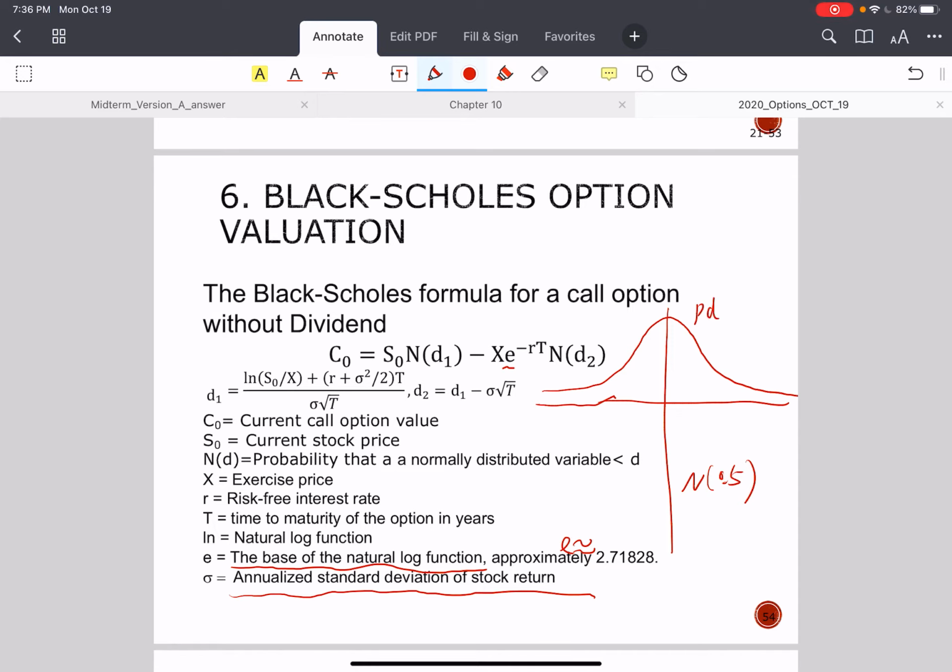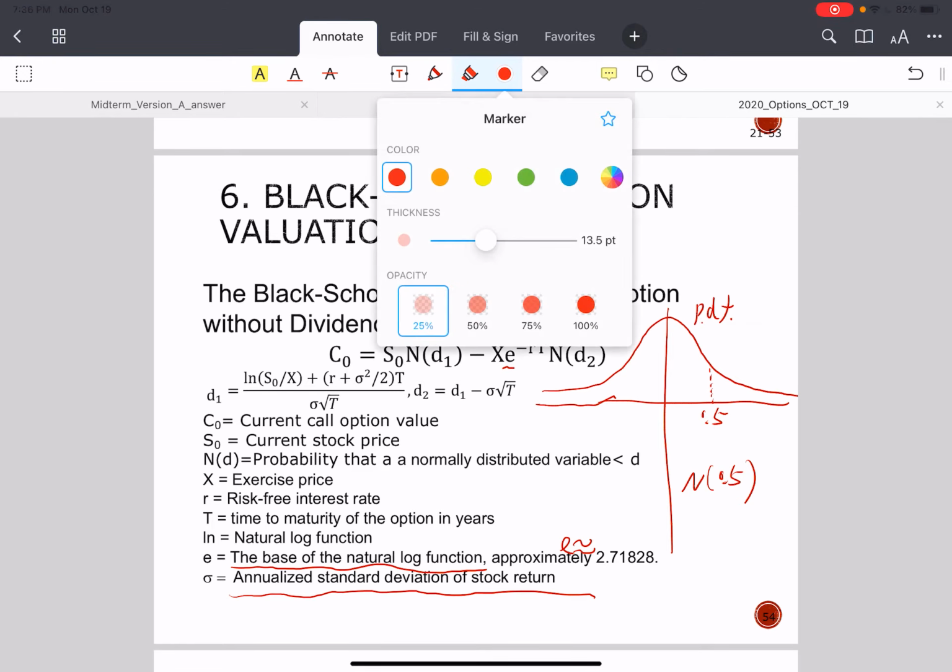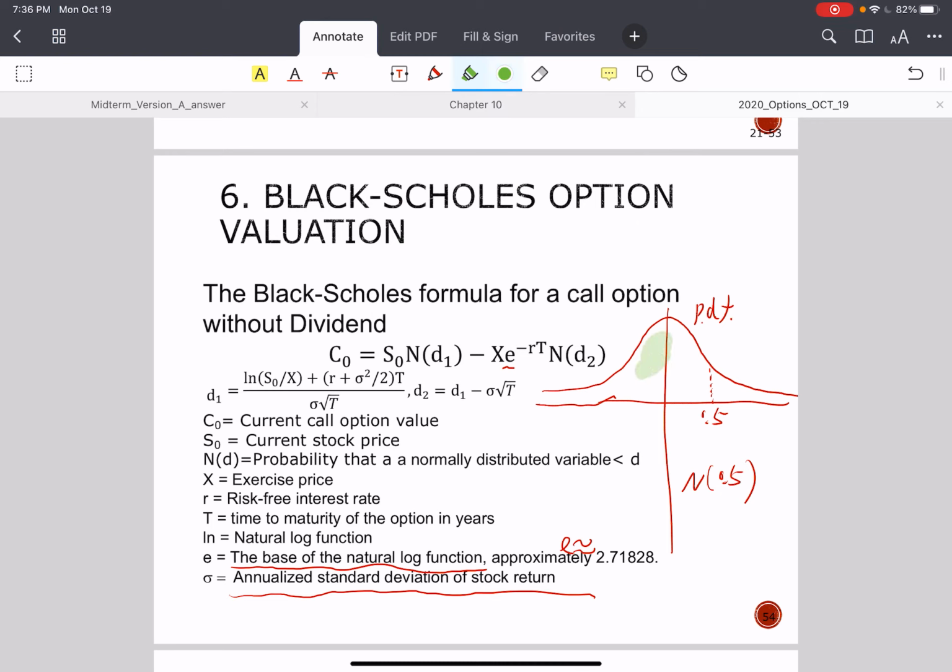This is a probability density function. You look at this 0.5 value, and then the probability is given by the area under this probability density function up to this 0.5 value. The area of this green shaded area gives you the probability.